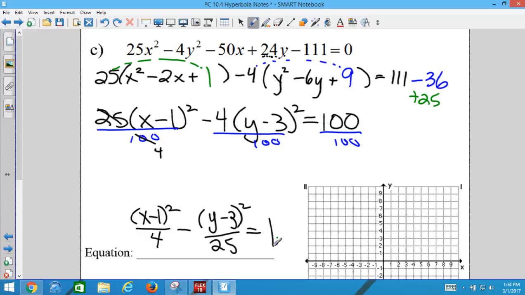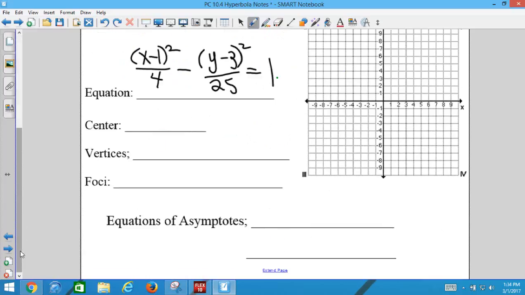Now can we find the center? What is it? X, then Y. 1, 3. And then for our vertices, what comes first?